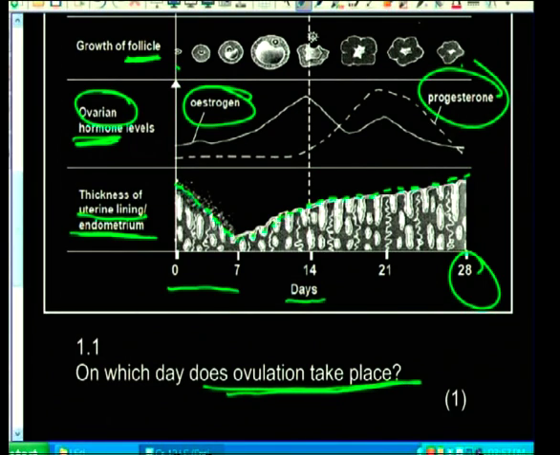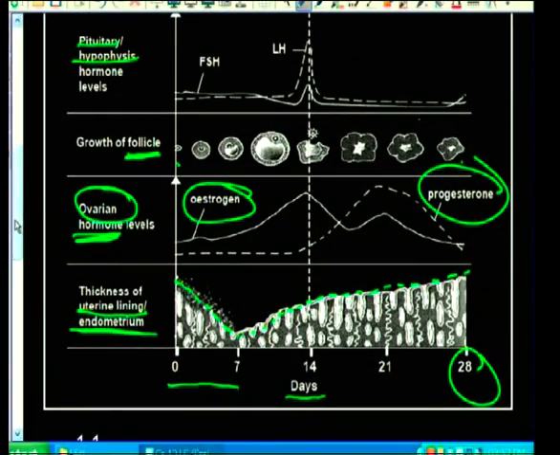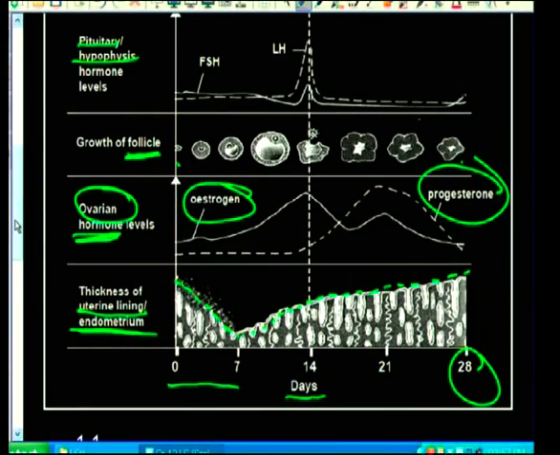Now guys, in this particular question, this was very easy because they gave you pictures. Normally, they do not give you all the pictures. They can give you the levels of the hormones only. Then you'll also have to be able to answer this question. Let's look at what this question is dealing with. Here they're telling you about the growth of the follicle.